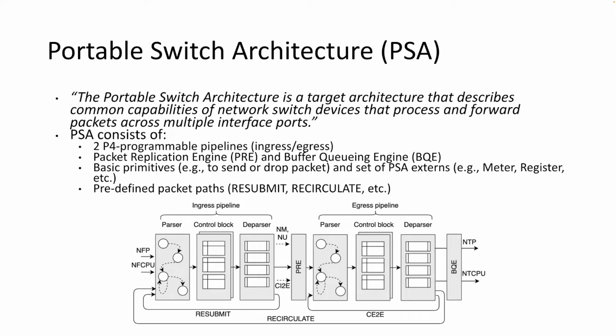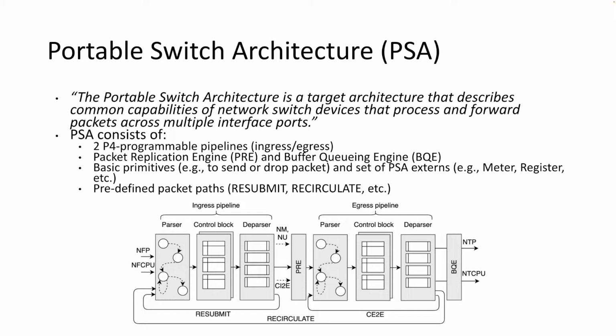The PSA model consists of two P4 programmable pipelines, ingress and egress, and each of them is composed of parser, control block, and deparser. The packet replication engine is placed between the ingress and egress pipelines and is basically responsible for packet cloning. There is also a buffering and queuing engine that handles packets after they exit the egress pipeline and is responsible for more advanced traffic management, such as scheduling, for instance.